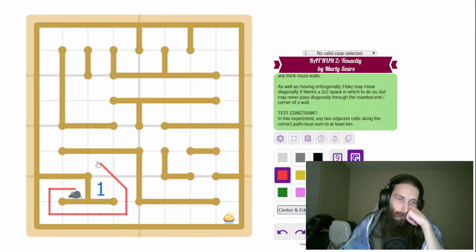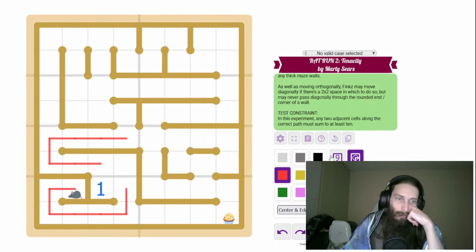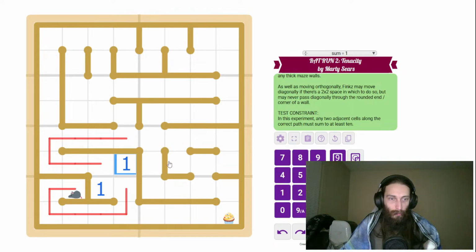Which means that I get a 1 for free. Now, I can go diagonally here, but in either case, this cell must be included. Oh, and again, I can't go all the way up. I would have to use a 1, which isn't allowed, so I must turn right. And since I have to go all the way here, I get another 1 for free.